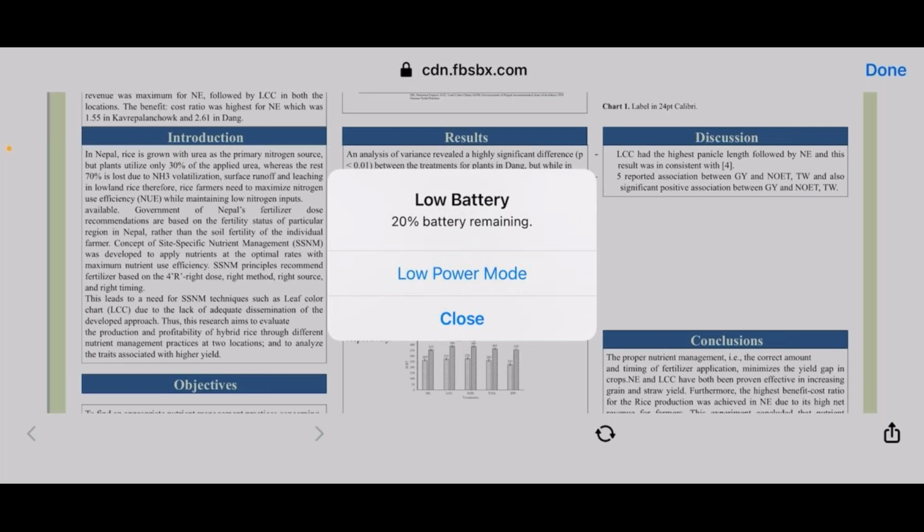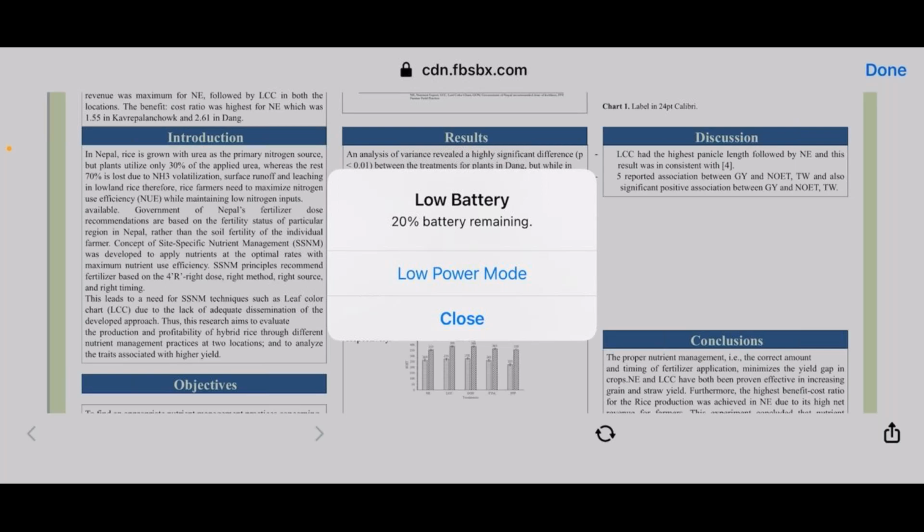The overall mean of the plant height was 91.63 cm. The mean plant height was 84.47 cm and 95.78 cm in Kavre and Dang, respectively. Plant height was maximum in farmers' practice, that is 91.58 centimeter, and minimum in nutrient export, that is 83.76 centimeter at Kavre district.